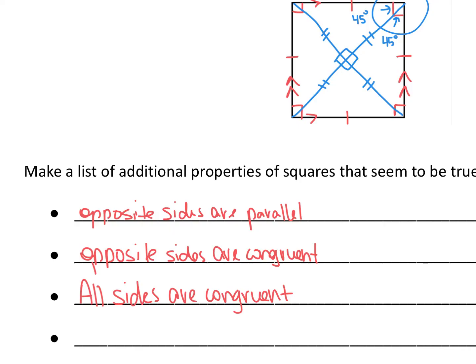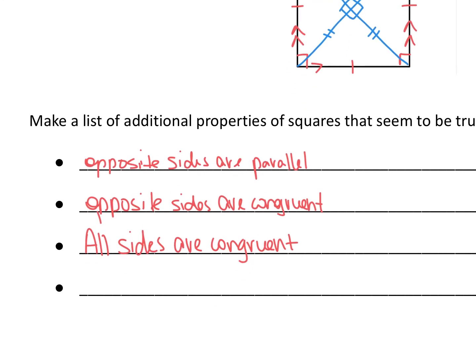Okay, now let's talk about the angles. So opposite angles are congruent. Opposite angles. Okay, and not just opposite angles are congruent, all angles are congruent.